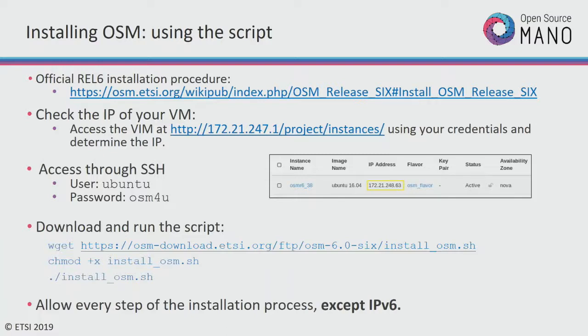Okay, did all the people find the IP inside the OpenStack VIM? Yes. So the next step is to access through SSH with the user Ubuntu and the password provided for you, in this IP.